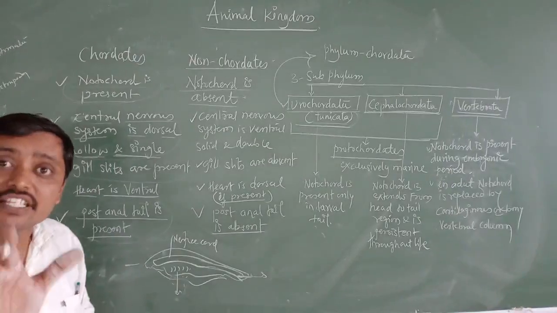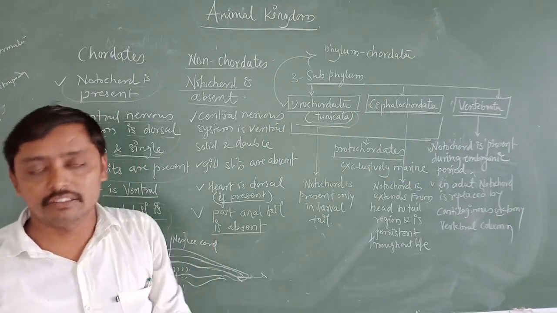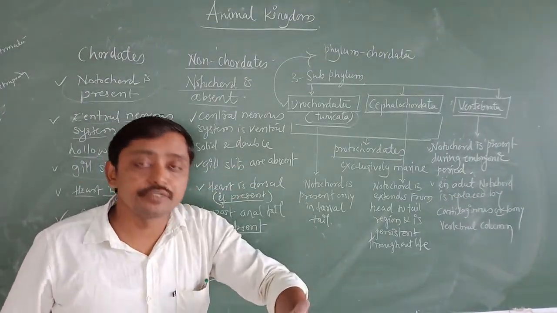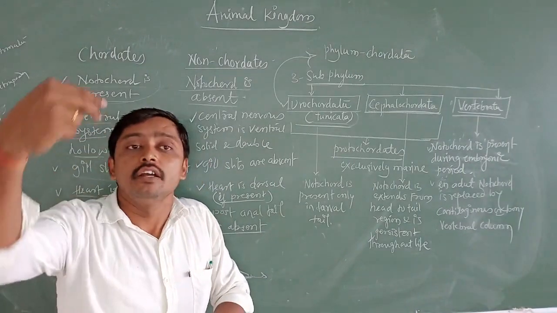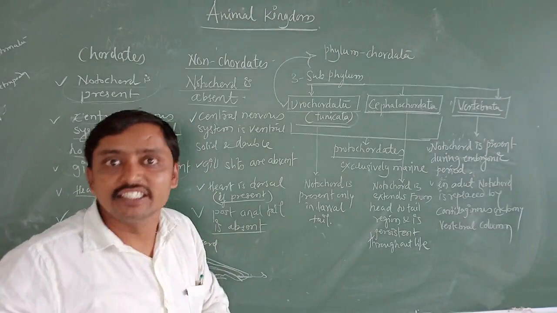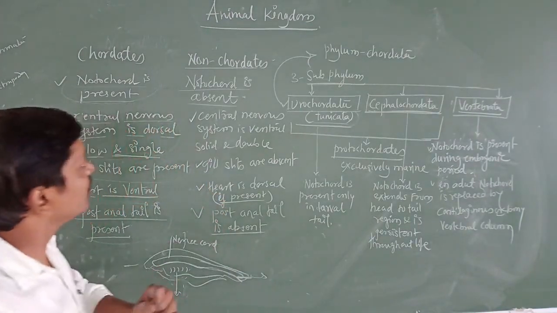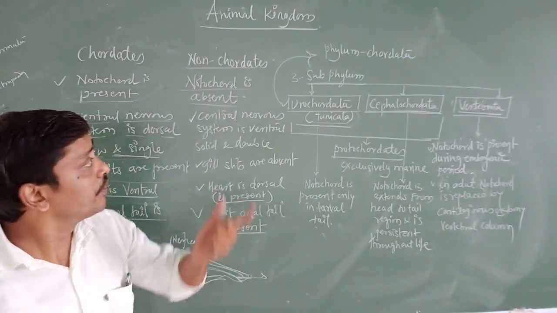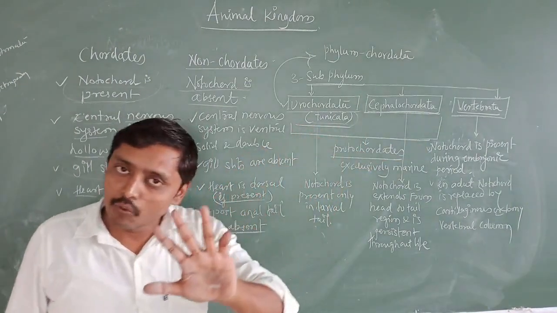All chordates possess the notochord, but in which stage of their life the notochord is present, and at which stage it is replaced by something else, that is, the vertebral column. Based on this, the phylum Chordata is divided into three subphyla: Urochordata, Cephalochordata and Vertebrata.